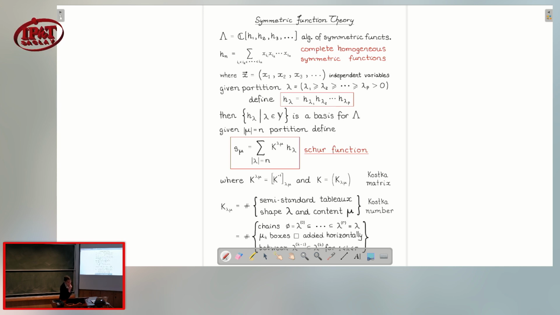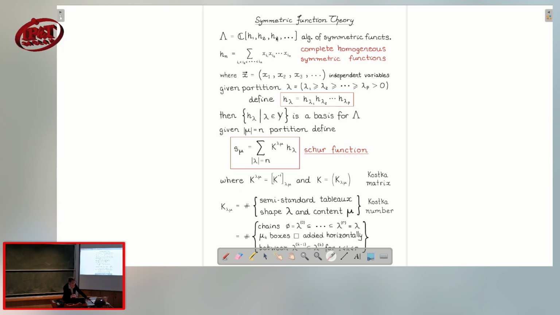Right. Okay. So that's the lattice, and now the functions. Just recall that I would like to think of the algebra of symmetric functions as basically an infinite polynomial ring, a polynomial ring in infinitely many variables, where these h's are the complete homogeneous symmetric functions.